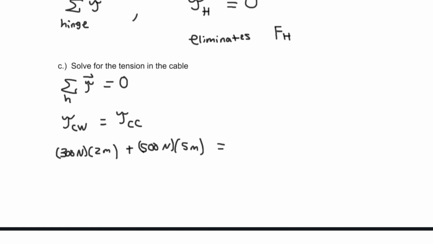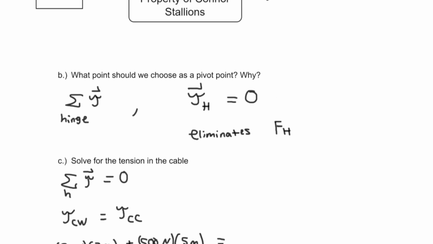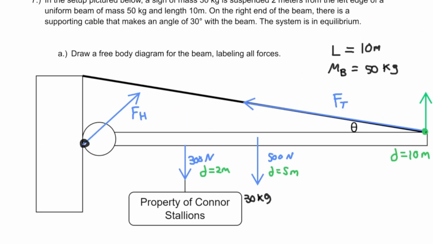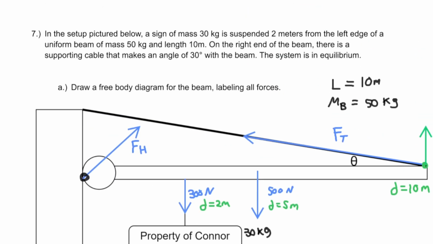And then for the right-hand side of this equation, we can see here that using a torque argument of your choice, we need to figure out how the torque relates to the tension force itself. Because this angle in here means it's probably not just going to be tension times distance.